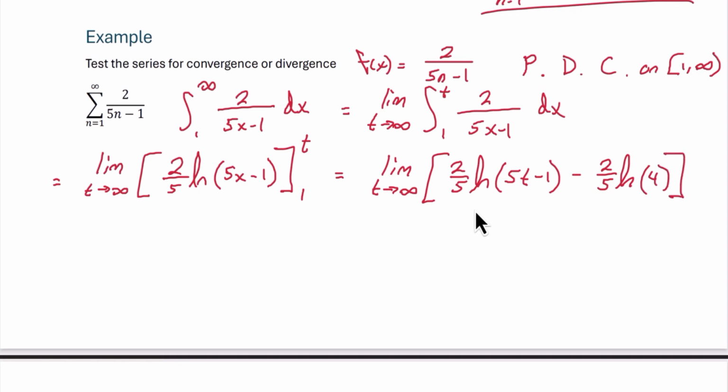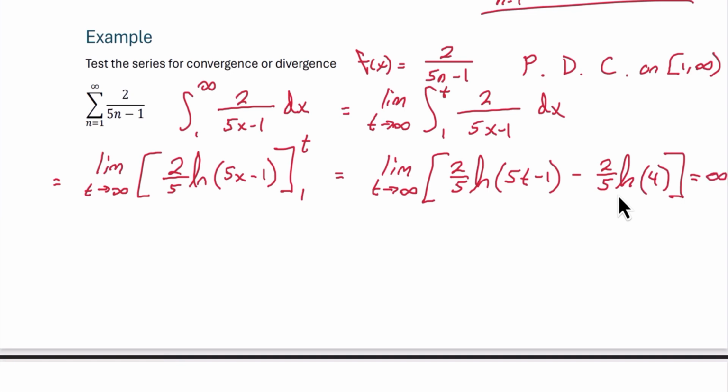Now evaluating the limit, t is going to infinity. So inside this part, t is getting big. The natural log of a big number is a big number. And then this is just a constant. So we have infinity minus a constant. This is diverging. It's going to infinity.